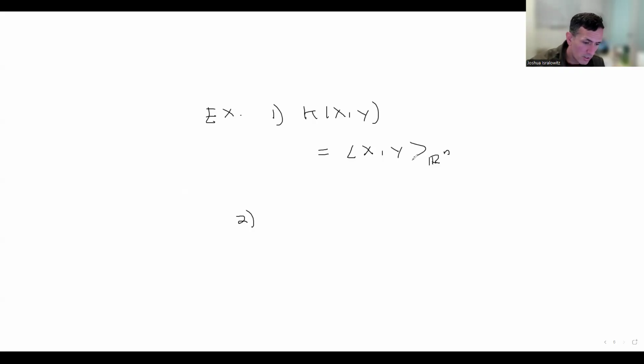The second example we've seen comes from the reproducing kernel Hilbert space of band limited functions, which are L1 continuous on the real line, and whose Fourier transform vanishes away from minus b to b.